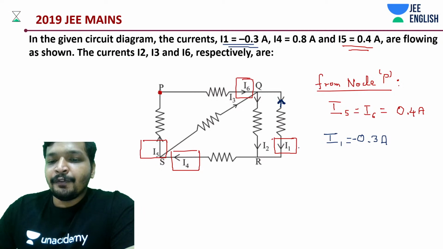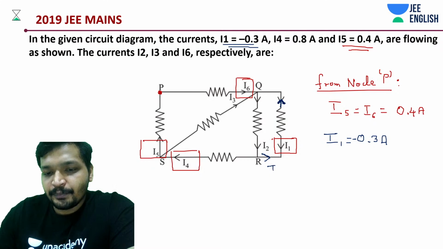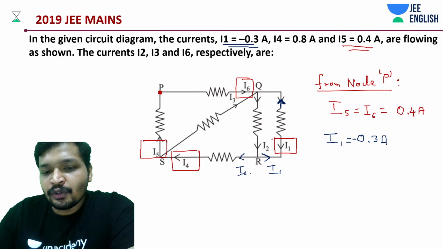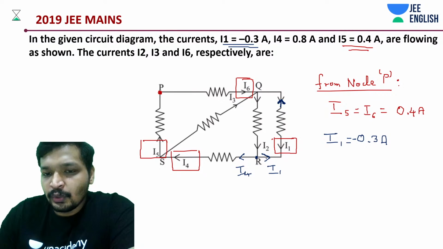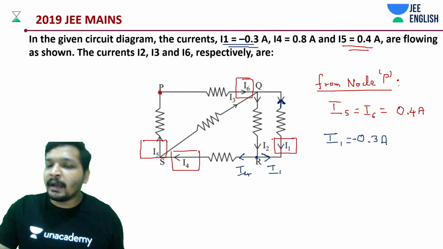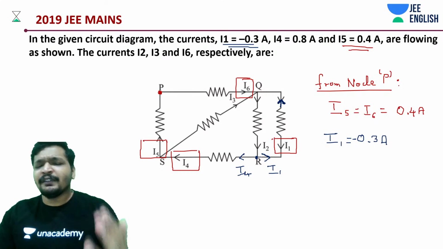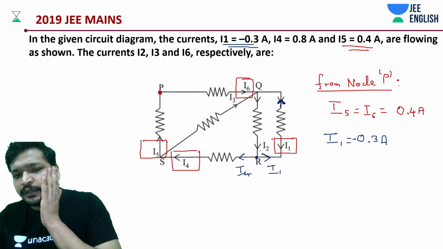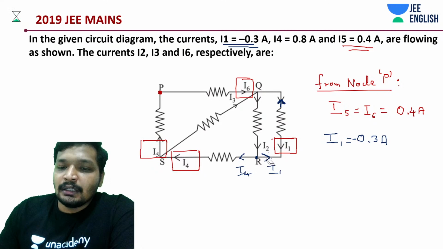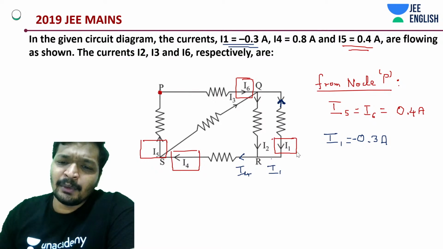But to give you a brief, you can think about it this way. I1 and I4 are exiting which node? This node, whereas I2 is entering that node. So we could have directly said magnitude of I1 plus magnitude of I4 is equal to magnitude of I2. But if you don't want to spend your energy on that in your exam, you can simply keep I1 as it is.